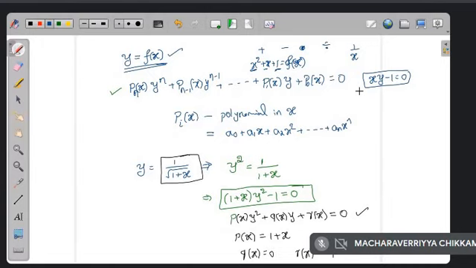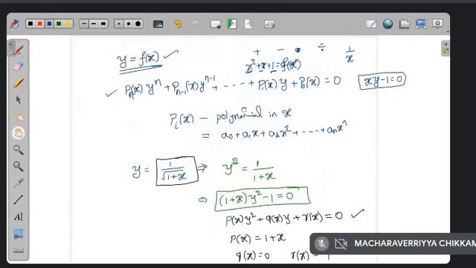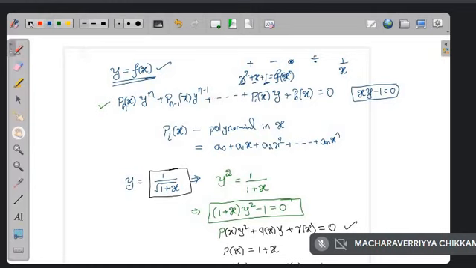We have some examples of functions which are not algebraic, and that's what we define as transcendental. You can think about exponential functions. So this is the definition of an algebraic function.